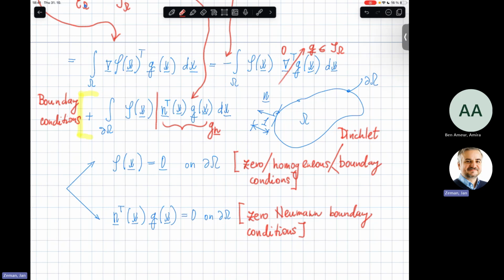Now there are some relations to something I would like to show in the next lecture, at the very beginning, hopefully, which are called parent properties.